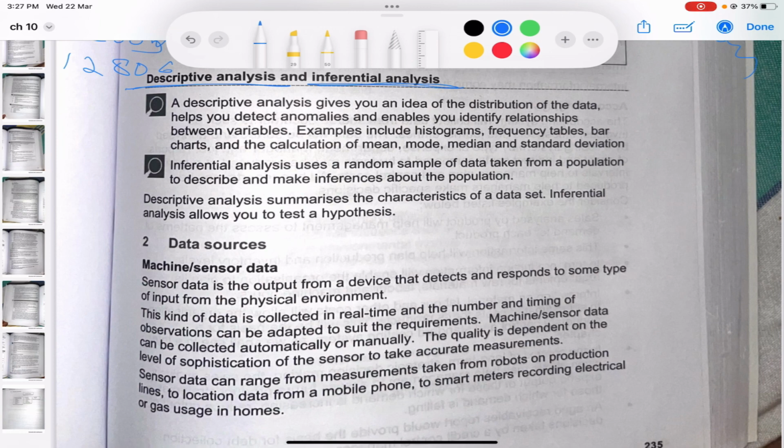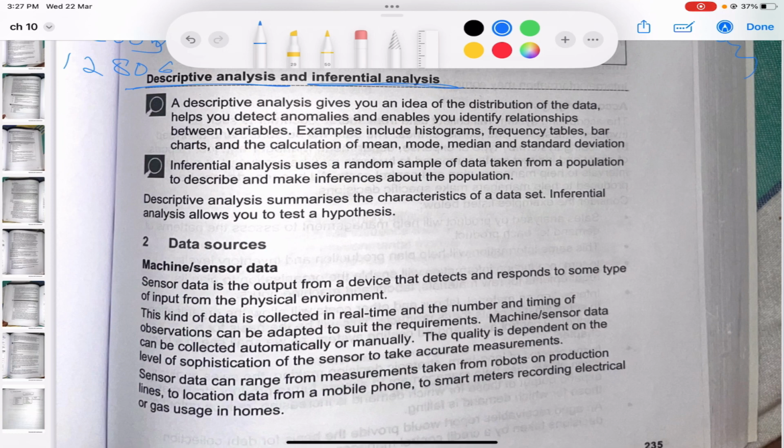What did you understand? When we're talking about descriptive analysis, it helps you find out anomalies. It helps you come up with a data set and identify relationships between the variables, like mean, median, mode, histogram and everything. But if you want to test a hypothesis, let's say you would like to test whether a particular research or particular data is actually going to work.